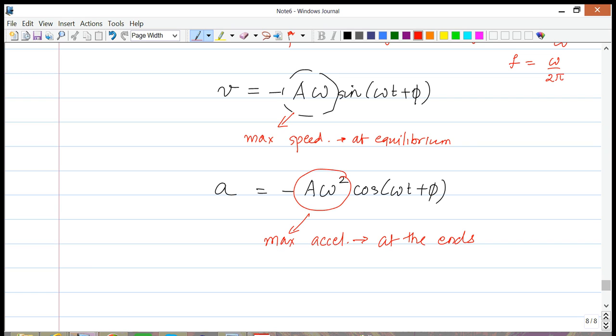Wherever x is the highest is where this happens, because we know that a is actually equal to negative omega square times x. So if x is highest, then a will be highest, and that's what we notice in this. Alright, so keep all these things in mind. This is very important. You understand this, you'll be able to apply this.